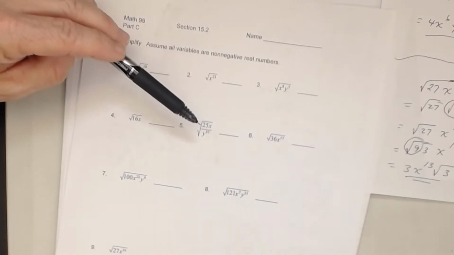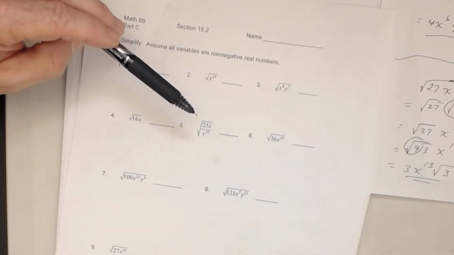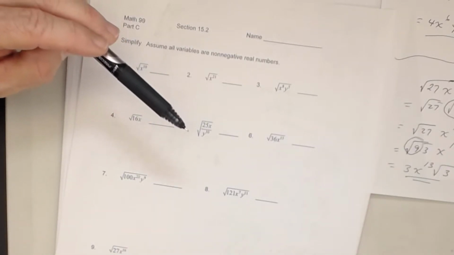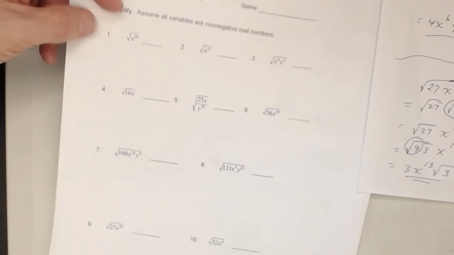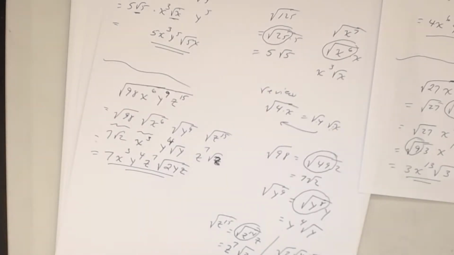On the worksheet you turned in today, you set the square root of the numerator divided by the square root of the denominator. Right? Any questions on this? It's not that difficult. You can handle this.